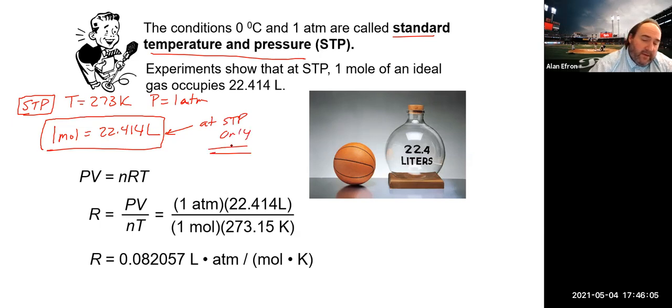Again, really important here is that this is at STP only. If you are not at 273 Kelvin and 1 atmosphere, you cannot use that conversion factor. Why would you want to use it? Because it might allow you to sidestep the ideal gas law to solve a problem.